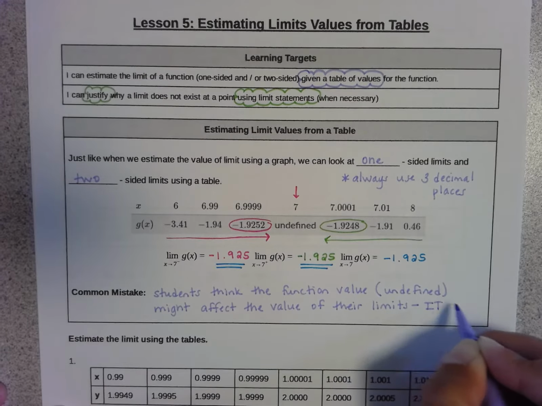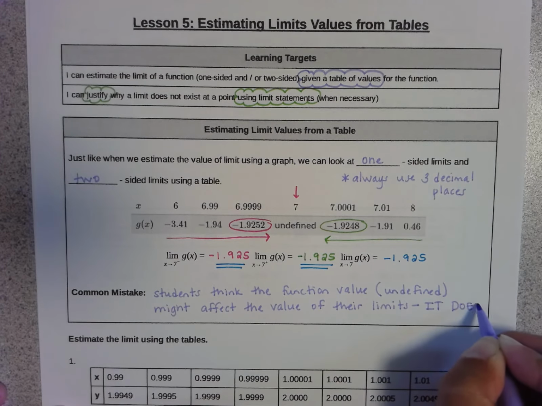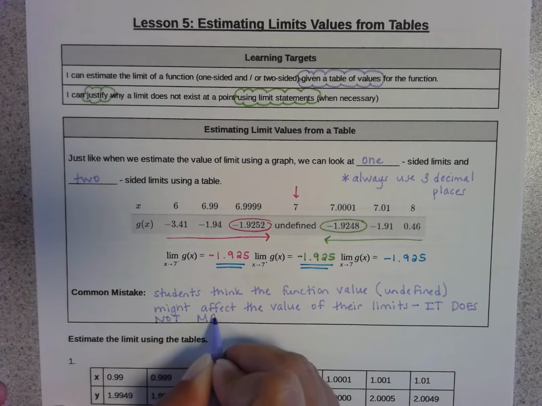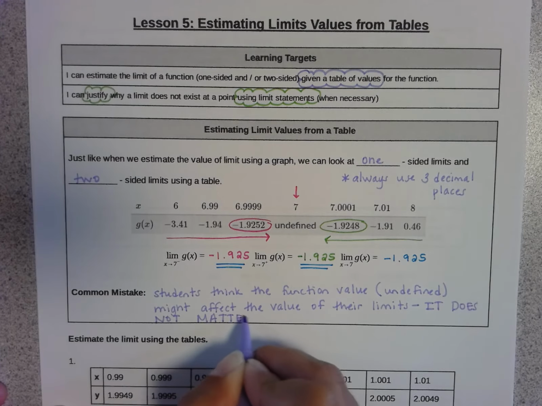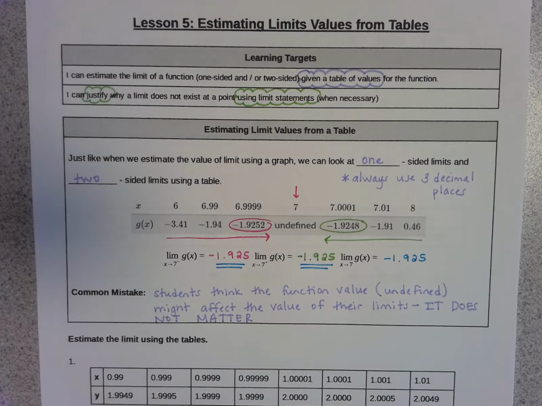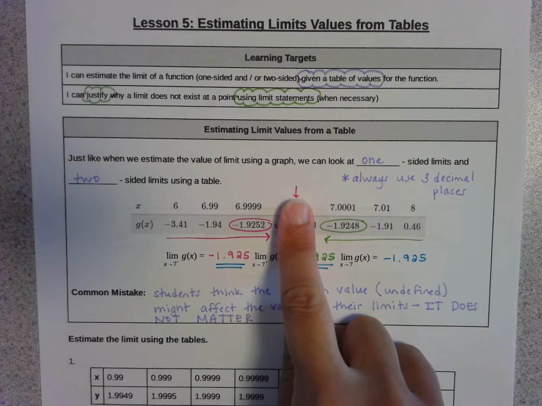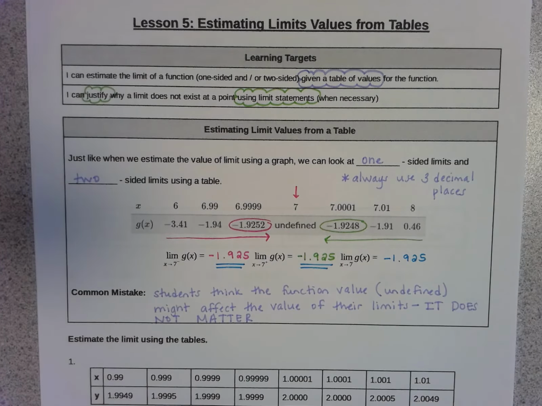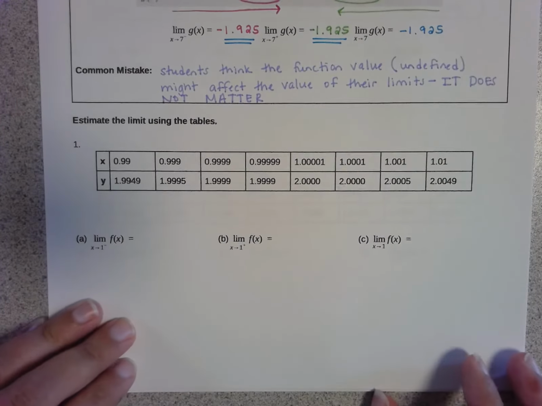It doesn't. So don't let that undefined that's there in the middle of the table confuse you. It does not matter what happens at 7. You can almost pretend like this isn't even here in the first place and just pay attention to the numbers around it. Let's go ahead and try a few examples where we can see this in action.